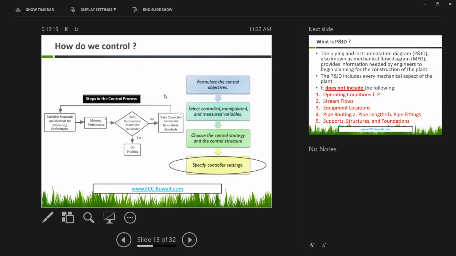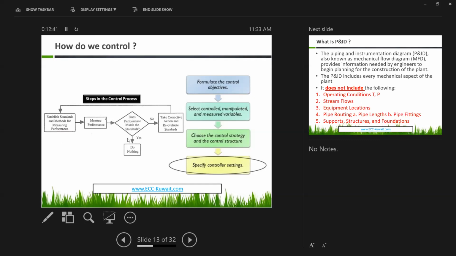Here we want to know how we can control. First of all, we have to measure the performance, measure the control variables. Then this measurement goes to the controller. In the controller, we make a comparison between the set point and the measured variable.